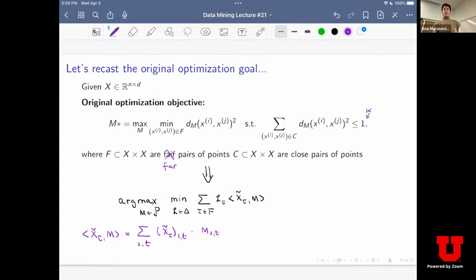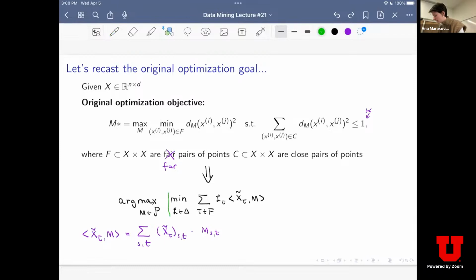Okay, so this problem here is nicer because it can be tackled with the techniques we have. But to use one specific optimization technique, we are going to need to produce what is called a smoothed version of this problem. So to do that, let me just write something down.